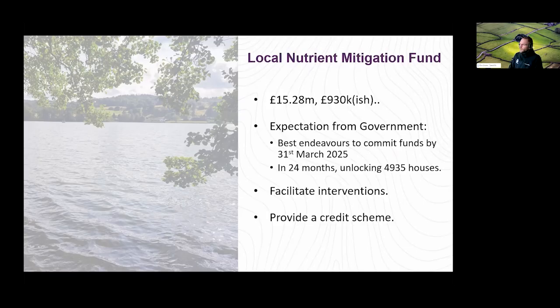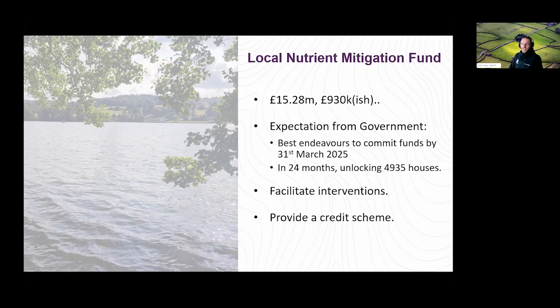And we're looking to deliver, and government would like us to deliver within 24 months enough mitigation to unlock 4,935 homes. And the way that we would do that is by facilitating those things to happen on the ground.